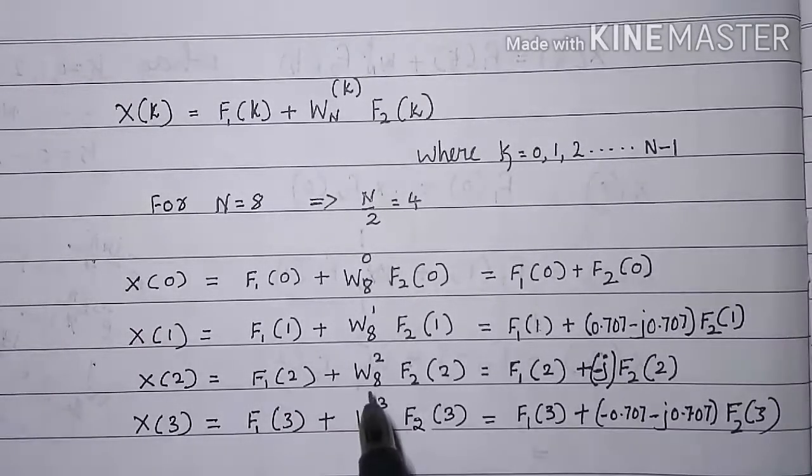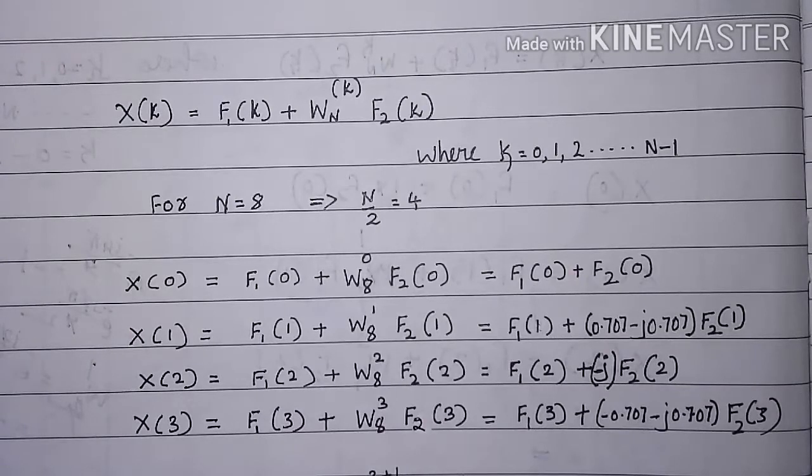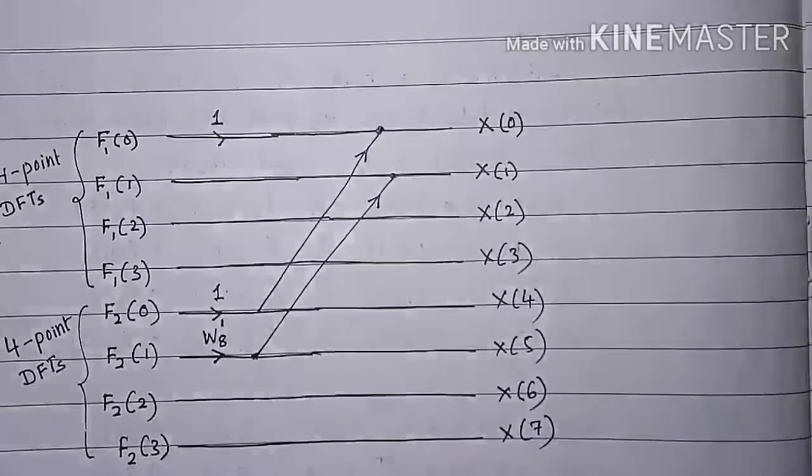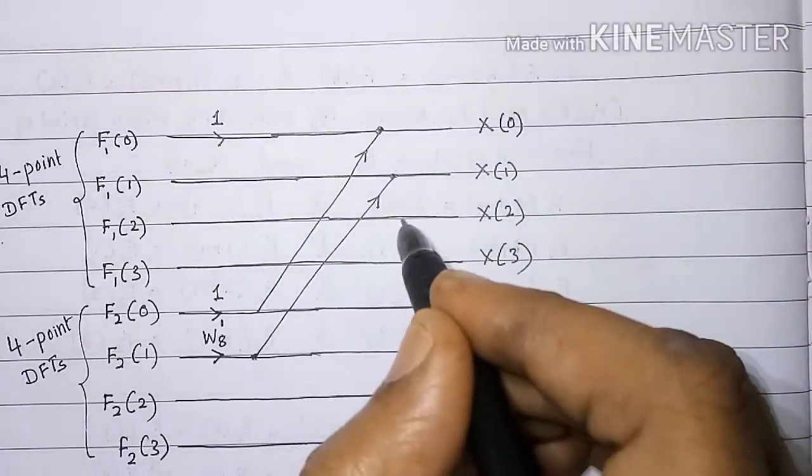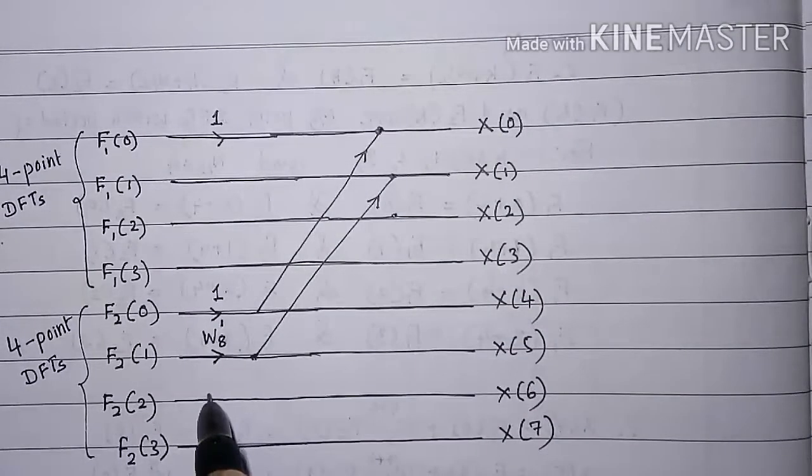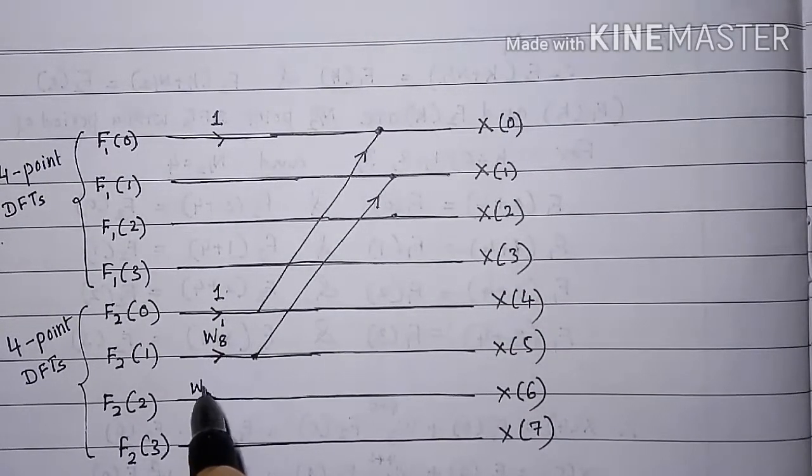So in place of minus j I will write in butterfly diagram w8 raised to 2 only, because it takes less space there to write. f1 of 2 is here. To this I have to add w8 raised to 2 into f2 of 2.